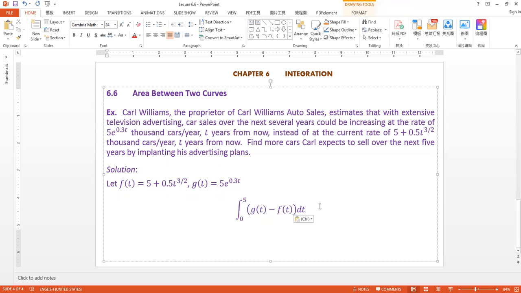This is the integral of g minus f from 0 to 5. So in terms of area, that's the area between the two curves of f and g from 0 to 5. Okay. So now let's just plug in everything in here and evaluate the integral.